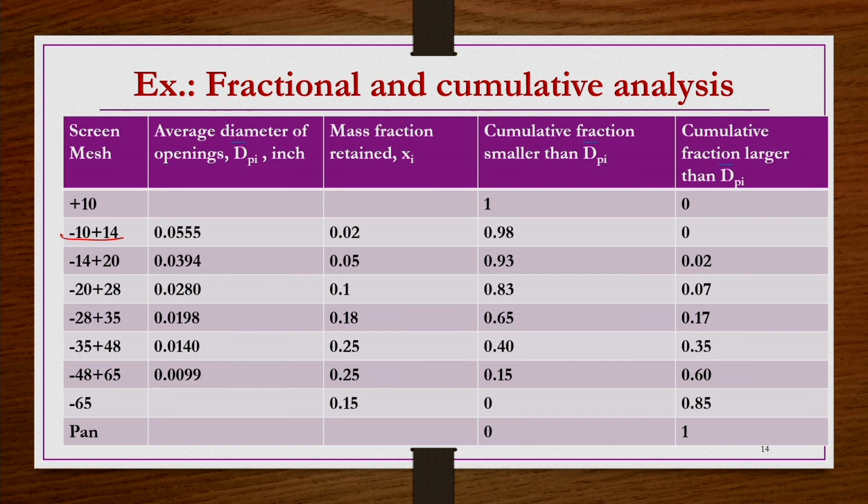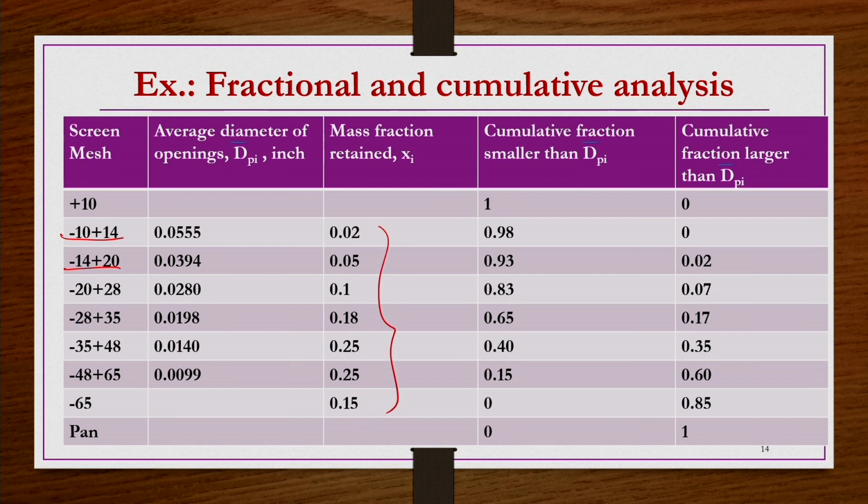Whatever material is retained on 14 mesh, that should be minus 10 plus 14. So, what do you mean by minus 14 plus 20? The material that passed through 14 mesh but is retained on 20 mesh. Like that their corresponding mass fractions are given.